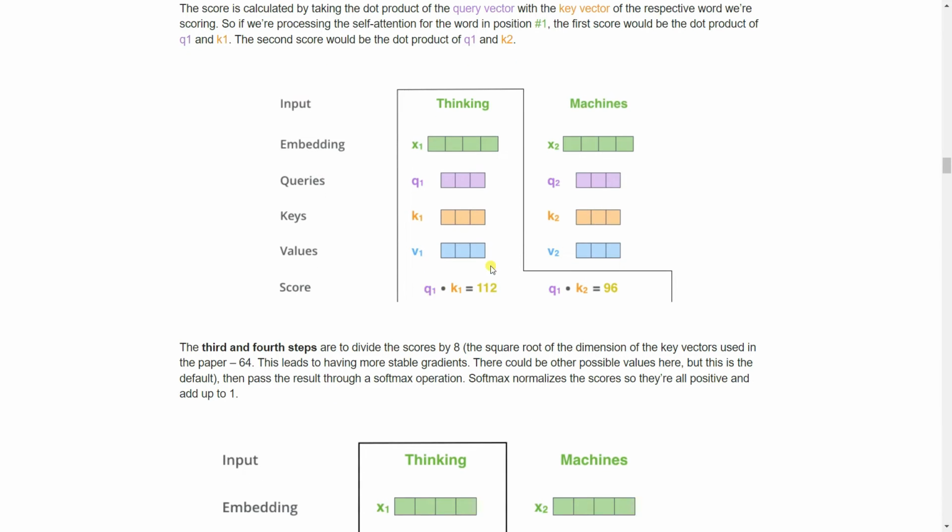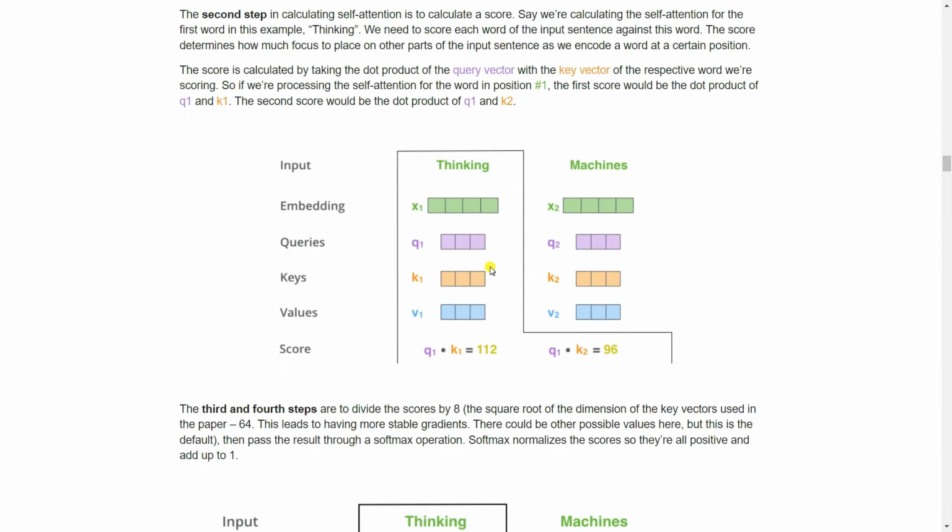Now when you're calculating the self attention value for "thinking", you need to multiply query q1 and key k1, which gives you 112, and you also do the same for q1 and k2, which gives you 96. That's nothing but your attention score, right?